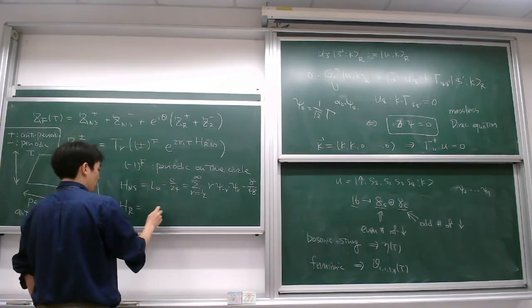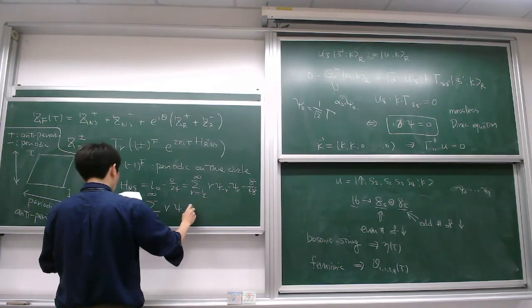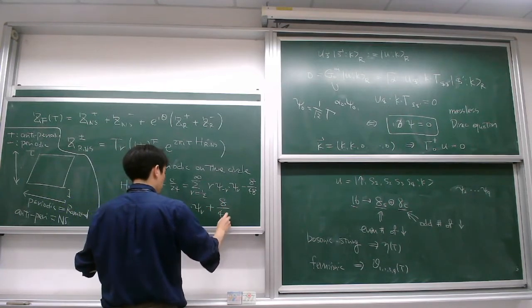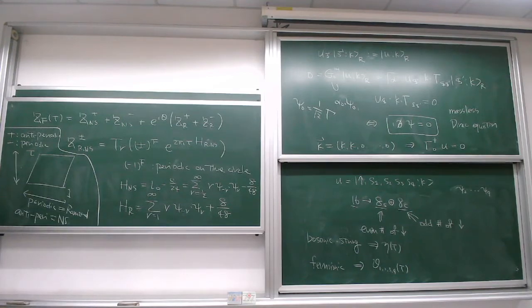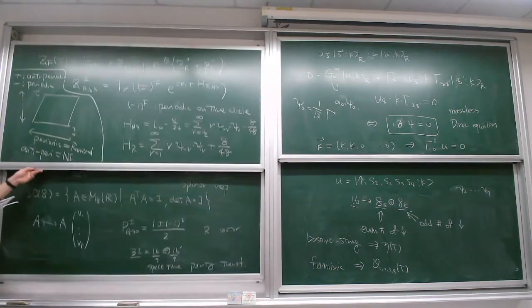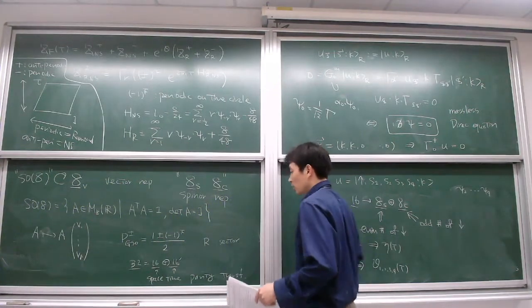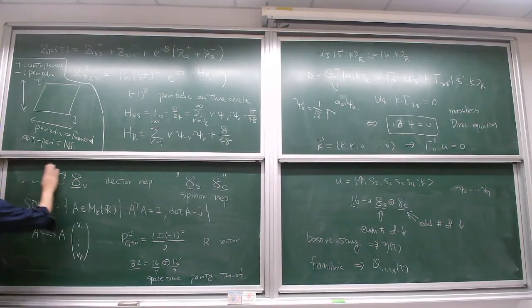For Ramond, you have the same, but with the sum over integer r, plus 8 over 48. Okay, so that's the Hamiltonian we get, and we will do the same computation as for the bosonic string. We just compute the fermion Fock space.